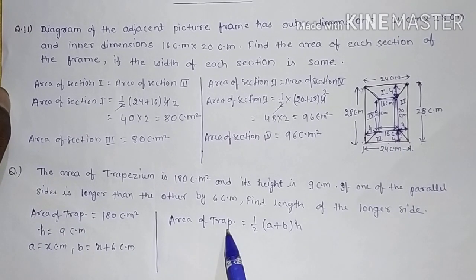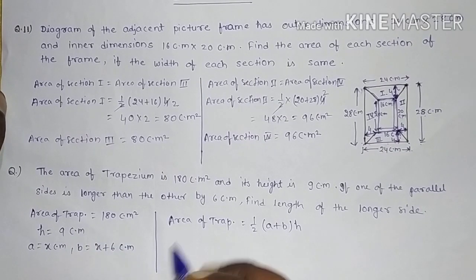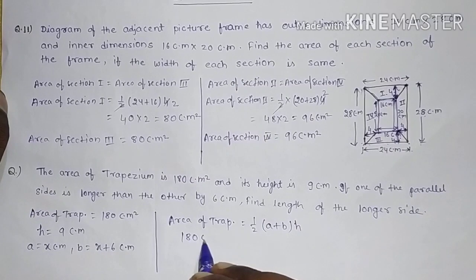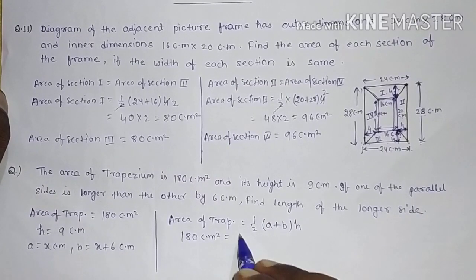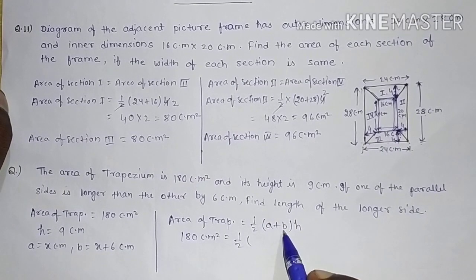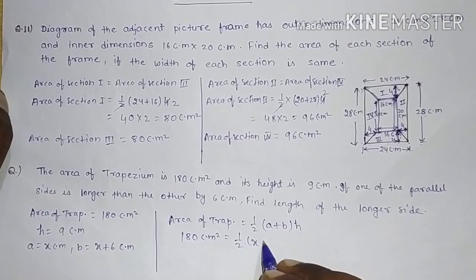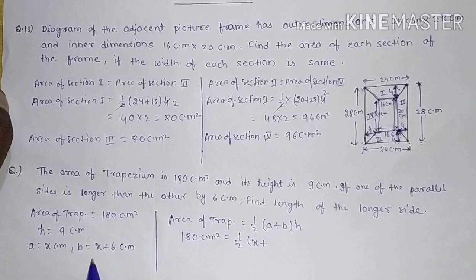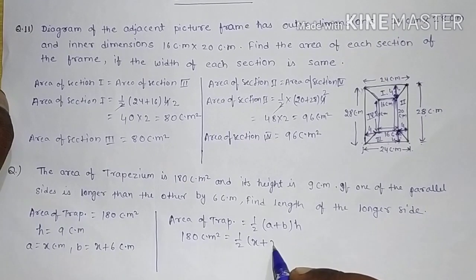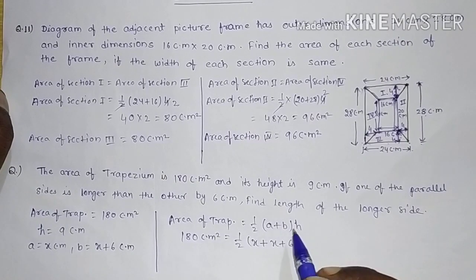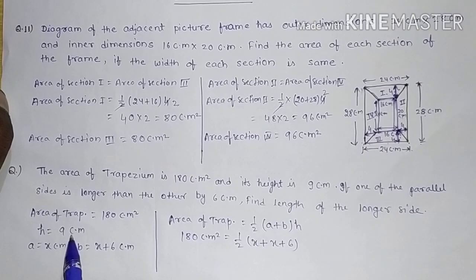The area of trapezium is 180 centimeter square, equals half into the sum of parallel sides a plus b, where a is x centimeter and b is x plus 6 centimeter, and the height is 9 centimeter.